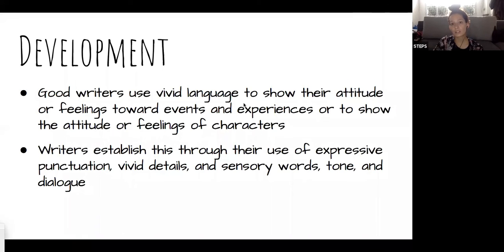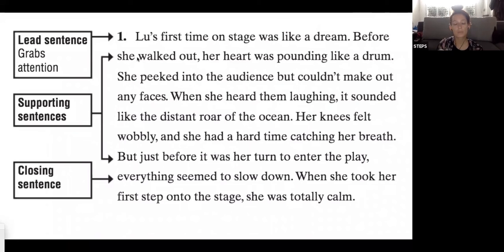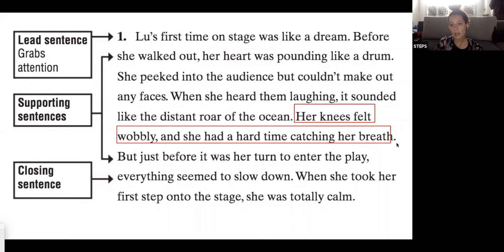So, just like in our first example paragraph, instead of saying she was nervous, the writer used vivid descriptions, right? The writer said her knees felt wobbly and she had a hard time catching her breath. So that's a much more interesting way of saying that someone is nervous, right? Instead of just telling that the person's nervous, you can show through actions that the character is nervous, right?